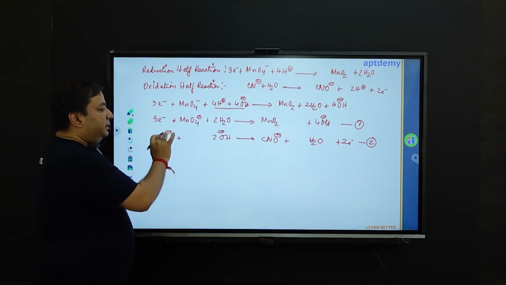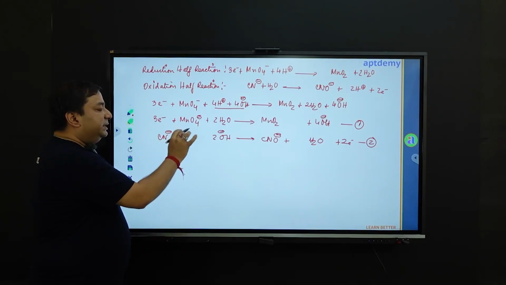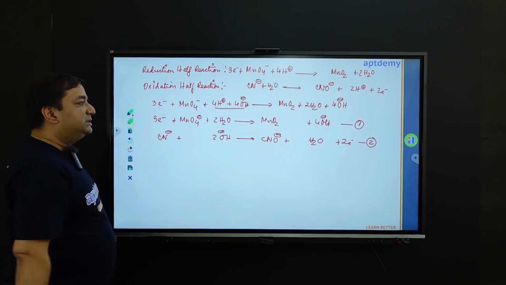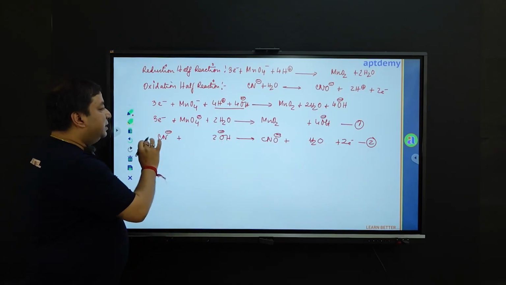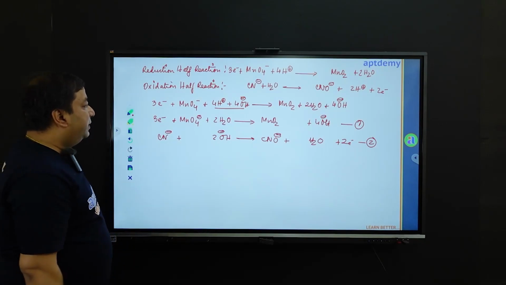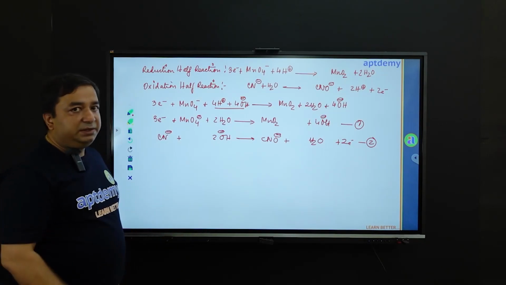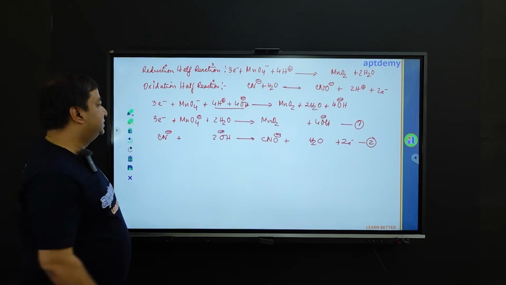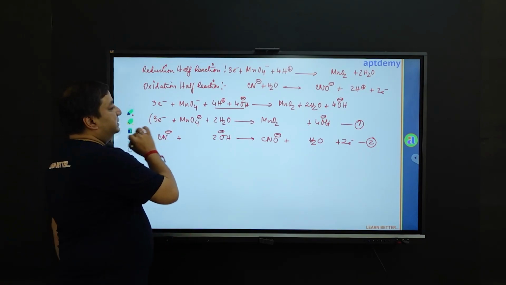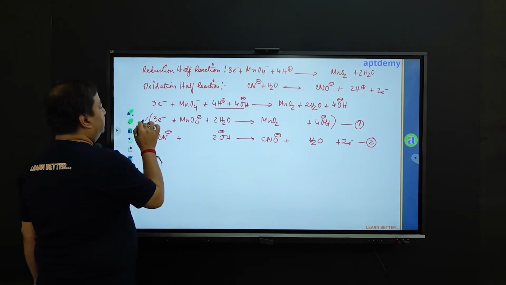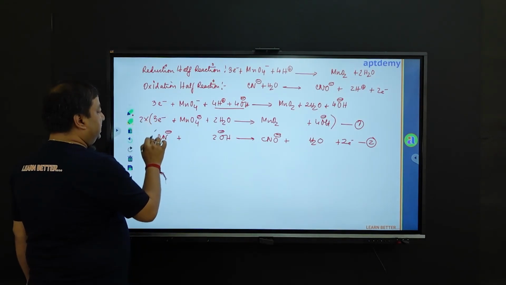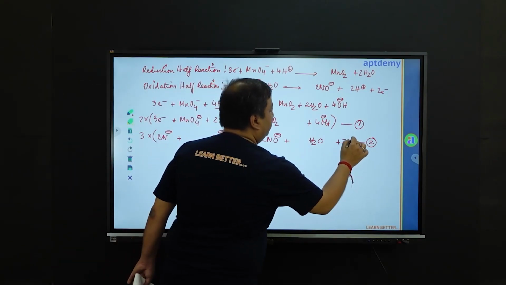Now the idea is that the electrons should be balanced in the reduction half reaction and the oxidation half reaction for them to be combined to produce the final equation. So this entire equation needs to be multiplied by 2, and this entire equation needs to be multiplied by 3, and then we will add.